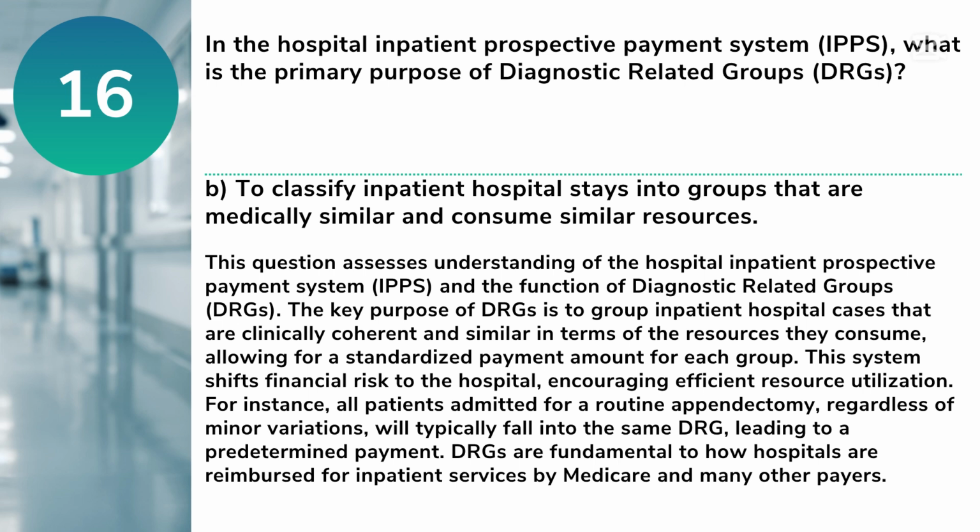This system shifts financial risk to the hospital, encouraging efficient resource utilization. For instance, all patients admitted for a routine appendectomy, regardless of minor variations, will typically fall into the same DRG, leading to a predetermined payment. DRGs are fundamental to how hospitals are reimbursed for inpatient services by Medicare and many other payers.